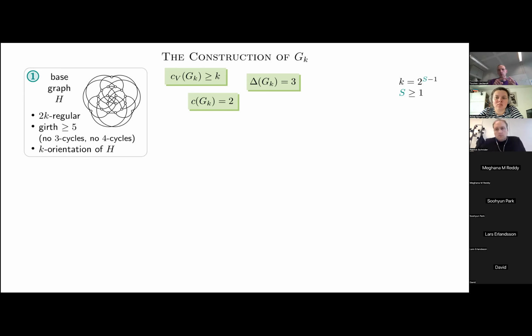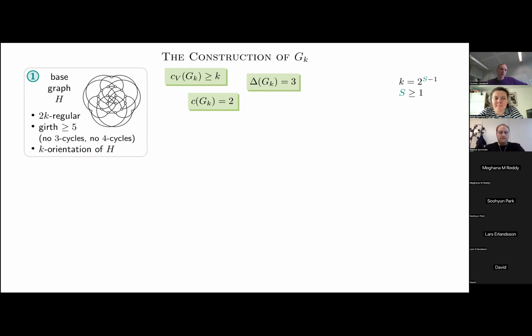It was 2k regular, so every vertex had 2k incident edges. Now it has exactly k outgoing and exactly k incoming edges. For instance, take a Eulerian tour through your graph and just orient it like this. Then this would do it. So fix any such k orientation of the base graph.